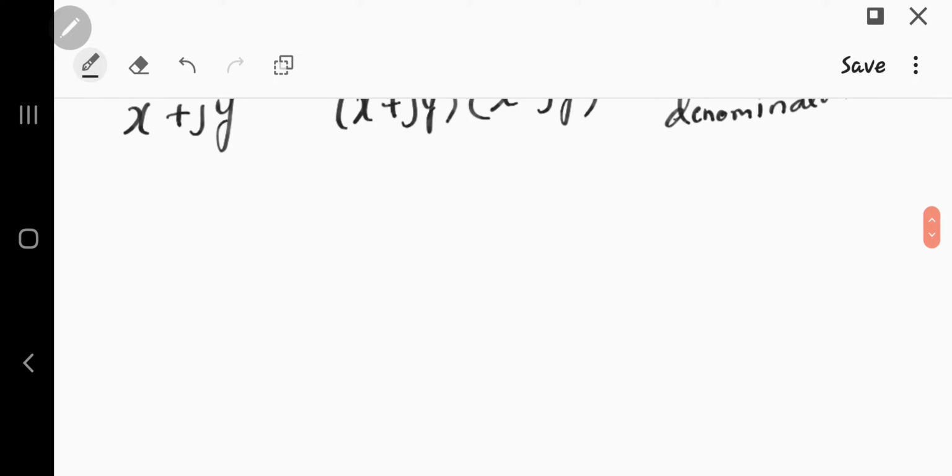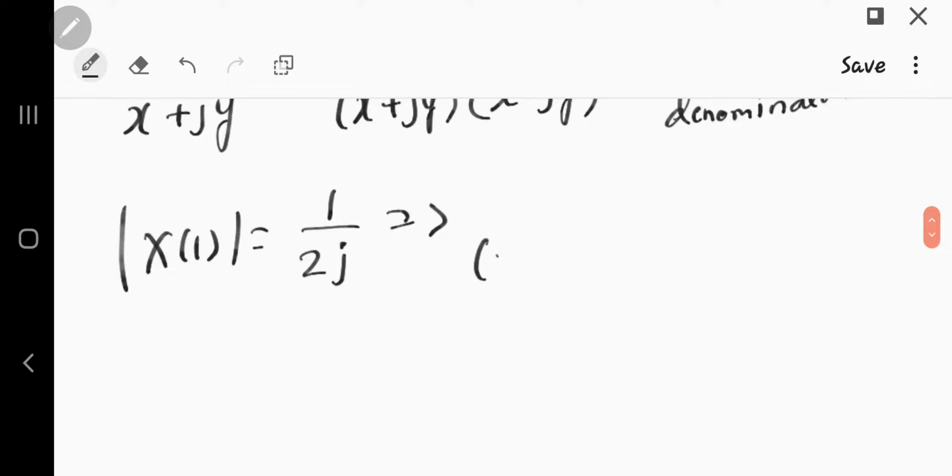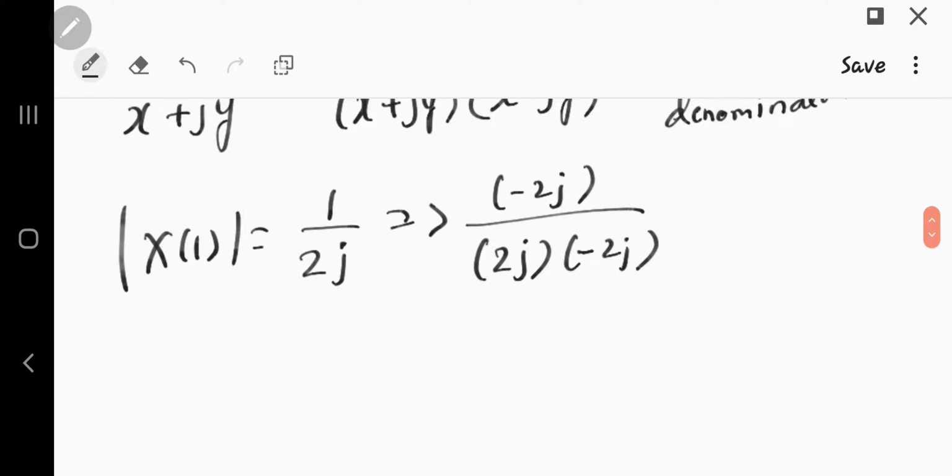Now in the given problem, x of 1 is 1 by 2j. Now we can write this as 2j, because the real part is 0. If you multiply by the conjugate, you'll get minus 2j in the numerator and minus 2j in the denominator. Or you can keep the 1 by 2 separately, and take the j part multiplied by minus j. So that gives you j into minus j in the denominator, and in the numerator it will be minus j only. If you simplify this, you will get minus 4j square in the denominator and minus 2j in the numerator. Minus minus will get cancelled, and 2 by 2 cancels.